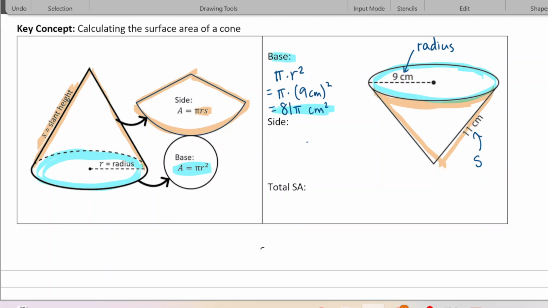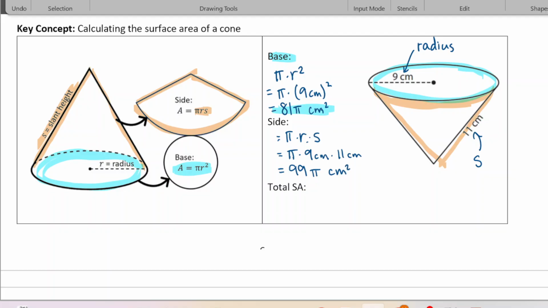Okay, and then for my slanted side, I have pi times radius times slant height, which is 9 times 11. So 99 pi centimeters squared. I actually should write, just to be complete and consistent, 9 centimeters times 11 centimeters.